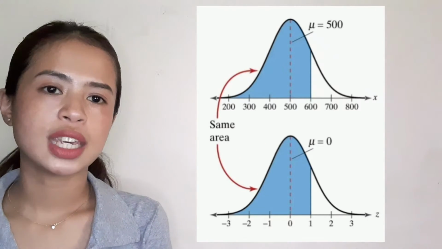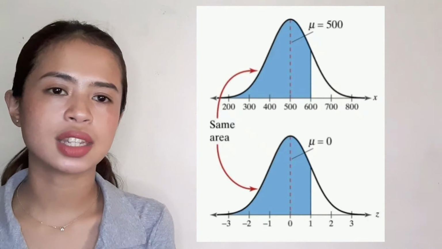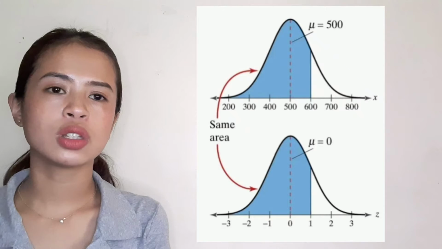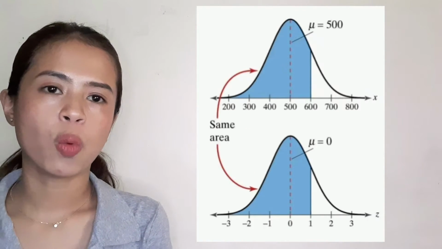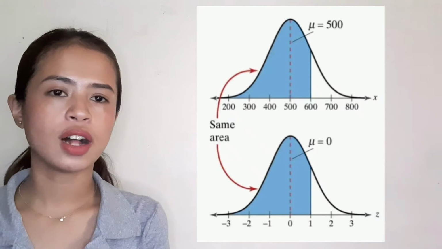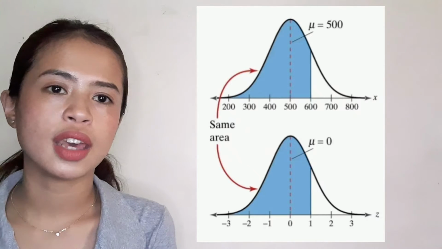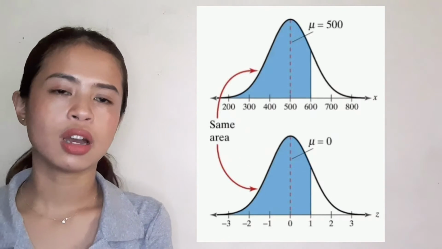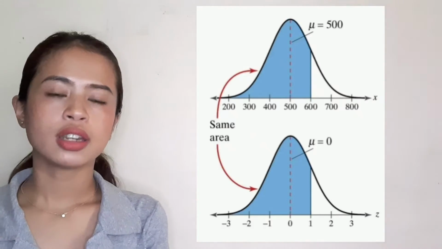The value of z 1 standard deviation above the mean is mean plus standard deviation, which is equal to 0 plus 1, which is equal to 1. The z-score of 1 corresponds to an x value of 600, and areas are not changed with a transformation to a standard normal curve. The shaded areas at the right are equal.